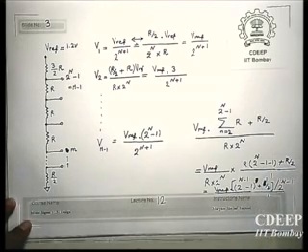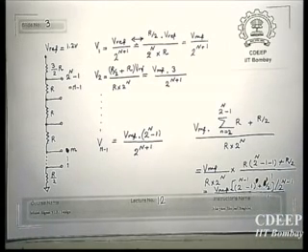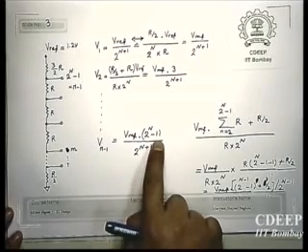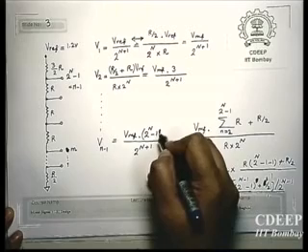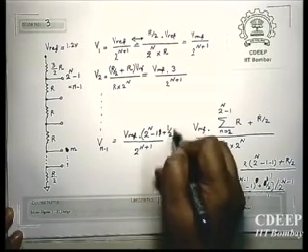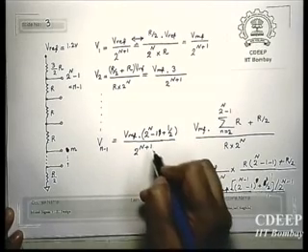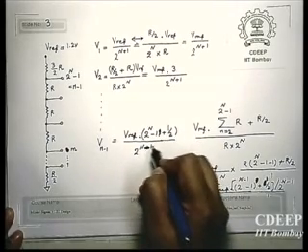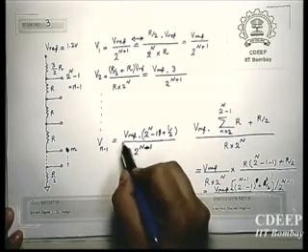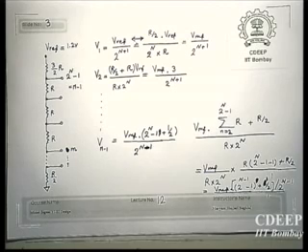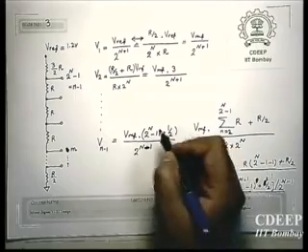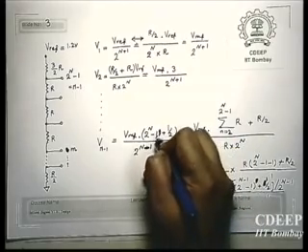This will be 1 upon 2. Okay, so therefore I correct this. This is 2 to the power n minus 1 plus 1 upon 2, divided by 2 to the power n minus 1. Which is eventually 2 to the power n minus 1 upon 2.